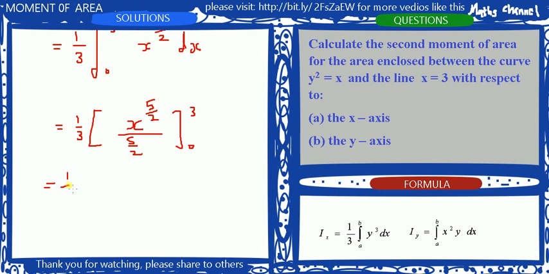Then substituting the value of 3 here, this is 5, not 3. And for the other one, if we substitute 0, everything will be 0 here. So we have something like this.